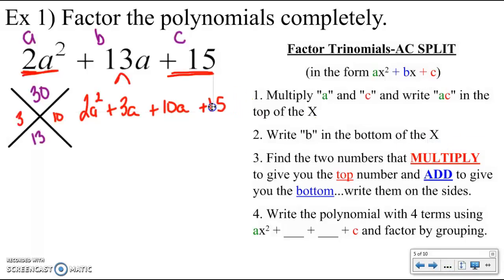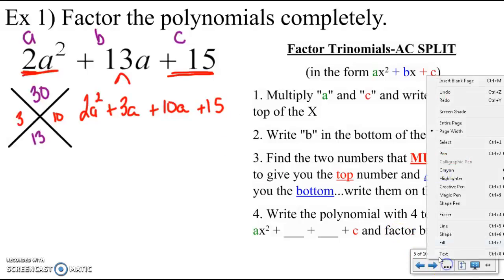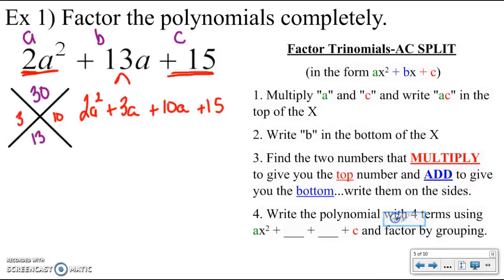Okay, so now that I have 4 terms there, I can go ahead and factor by grouping. So we are going to make 2 groups. First group, here. Second group, there, and go ahead and factor my GCFs out of each. So in the first group, I don't have a GCF for the coefficients, but I do have an a in common.